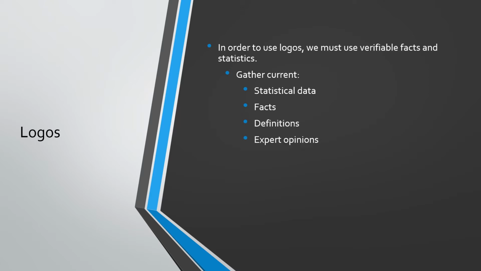definitions, and expert opinions. If you remember from the works cited PowerPoint presentation that we used, we talked about using current information. You want to look for the best possible sources and best possible information that you can gather and deliver in your presentation. The appeals to logic, you must believe the information you are using.